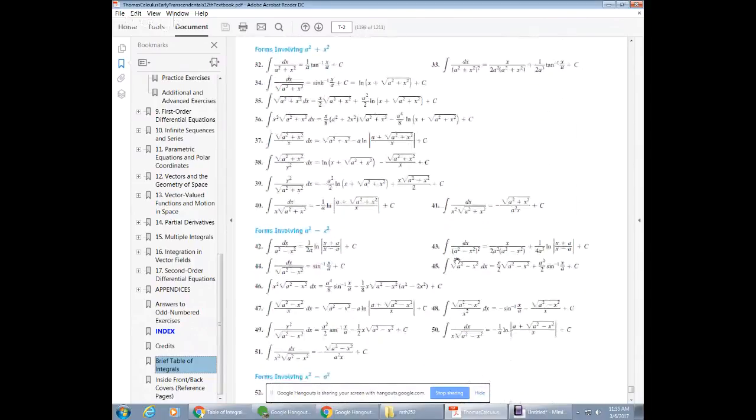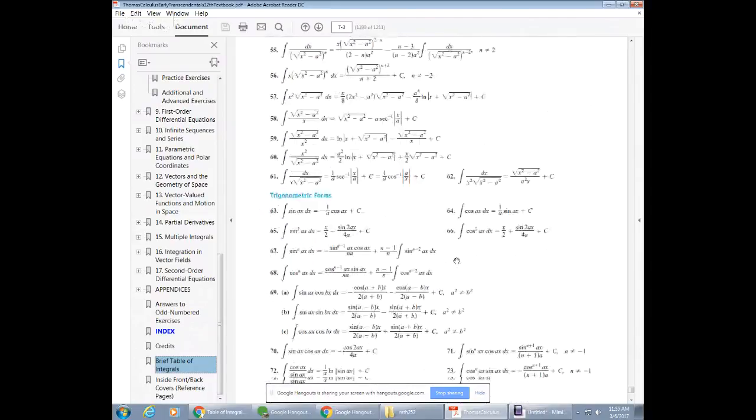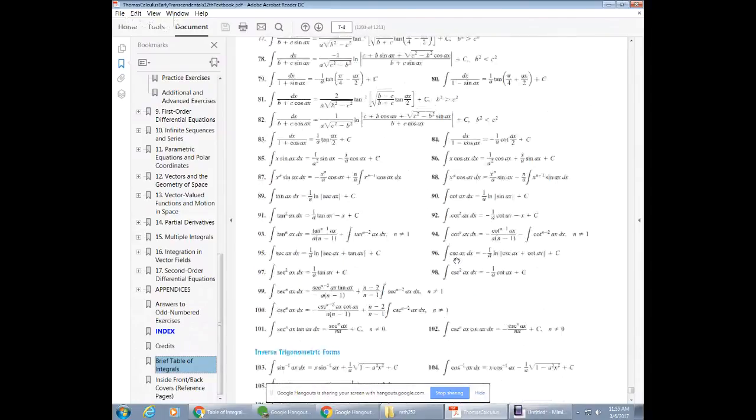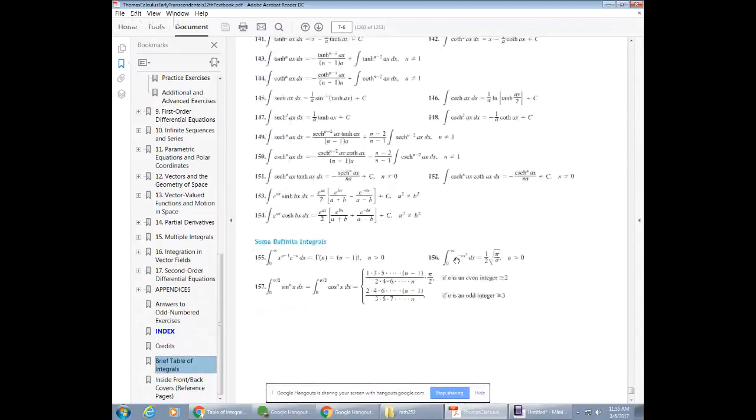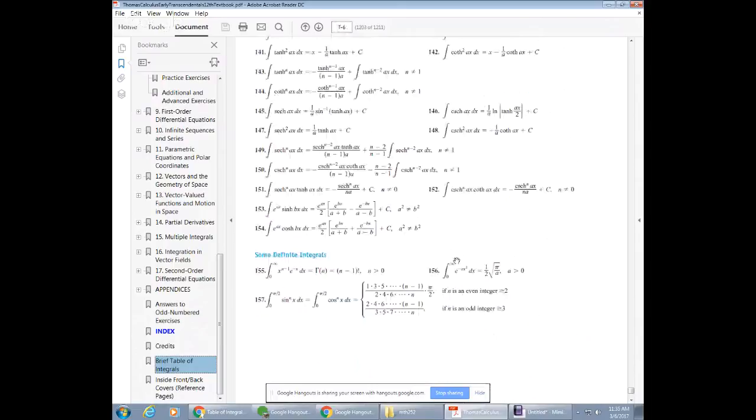So our book has how many integrals? Quite a few. 157 of them. Okay.